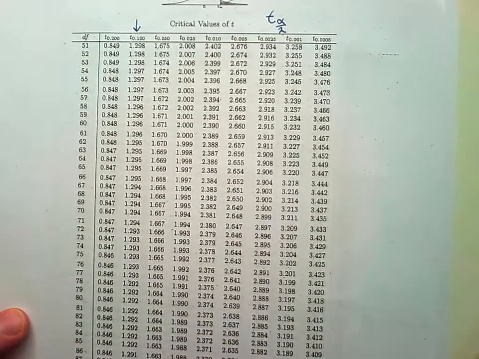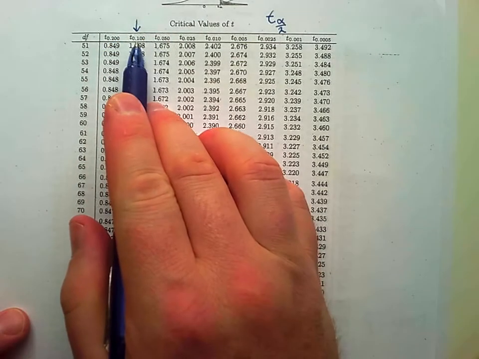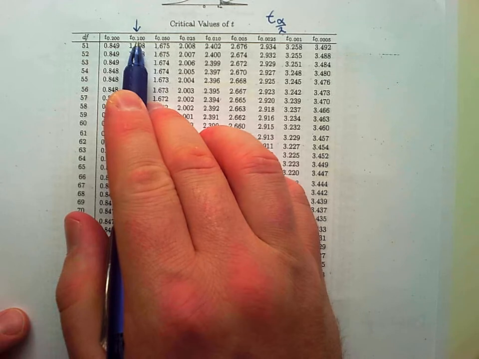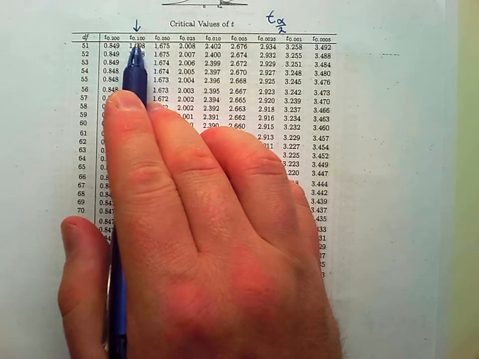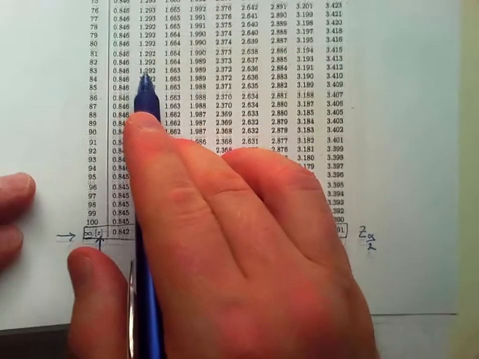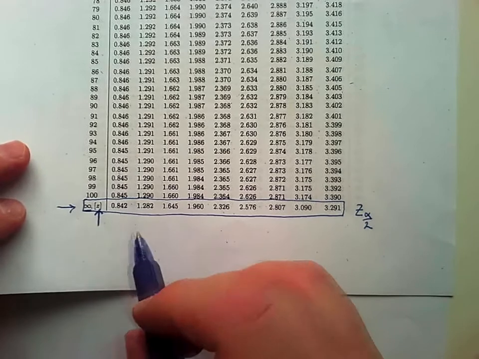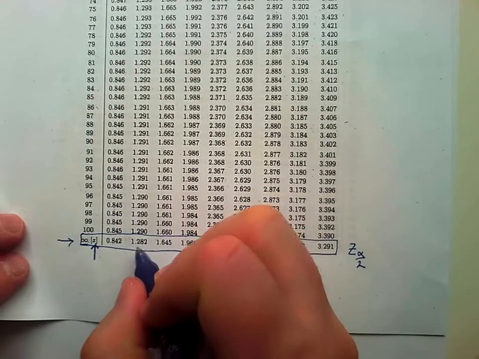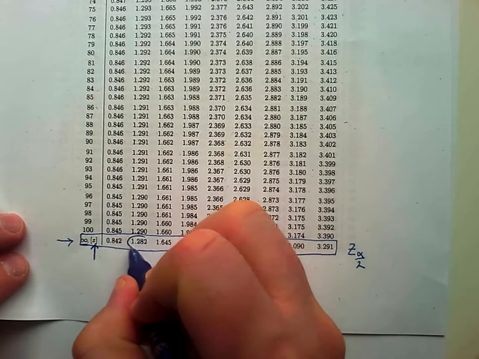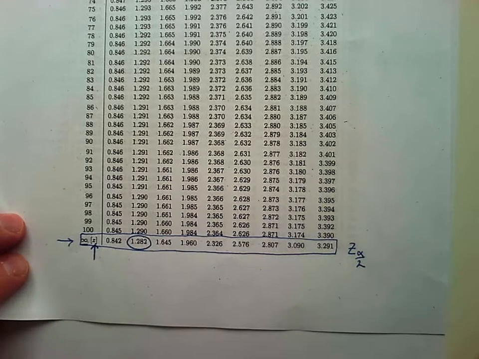That's this second column right here. If we follow this all the way down to the bottom, we get that the z value is 1.282.